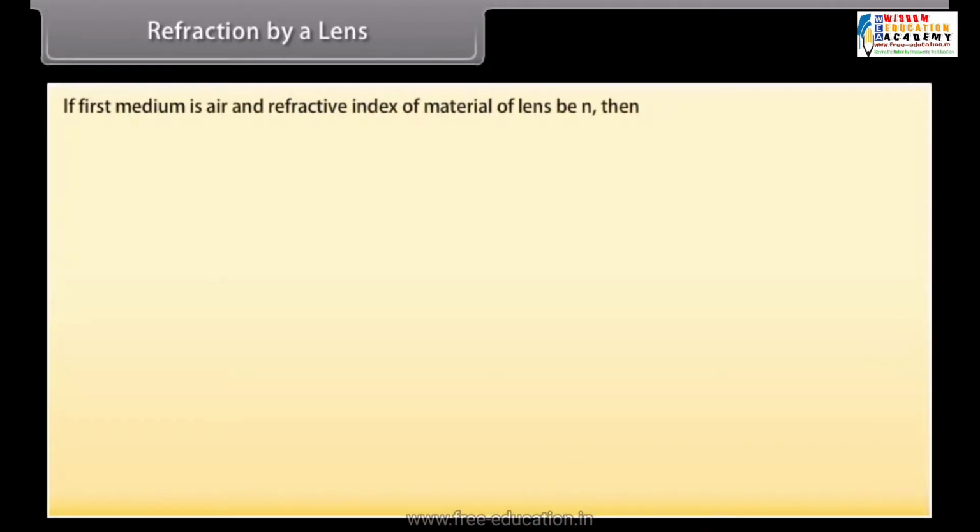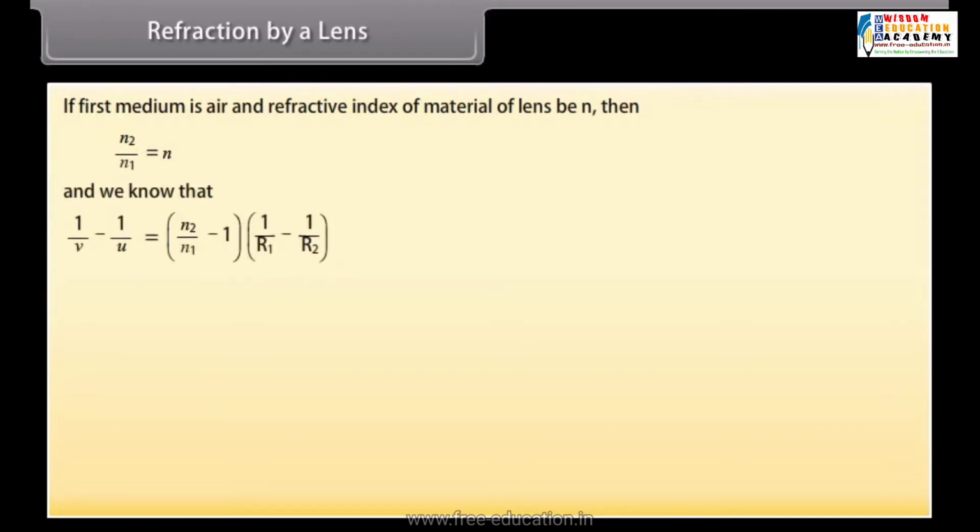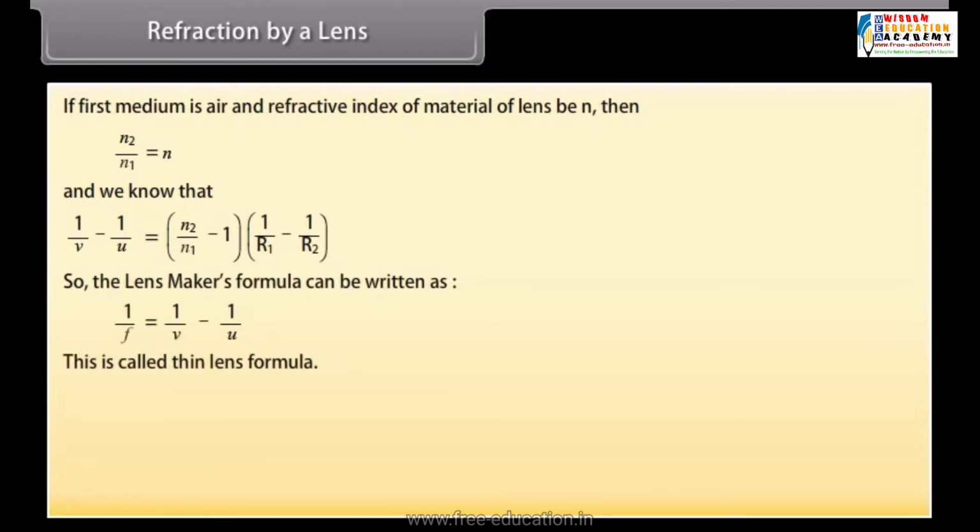If the first medium is air and refractive index of material of lens be n, then N2 upon N1 is equal to n. And we know that. So the lensmaker's formula can be written as, this is called thin lens formula.